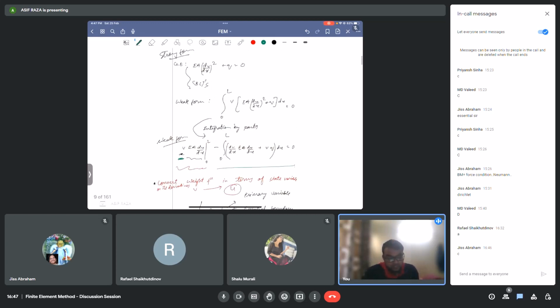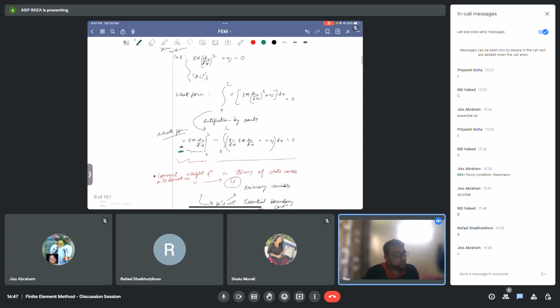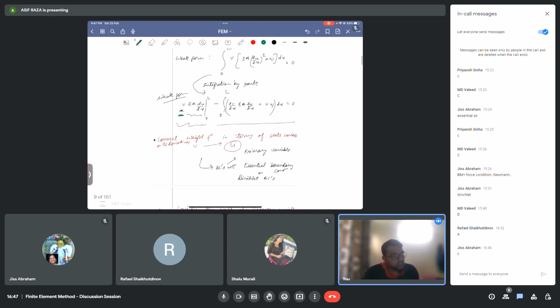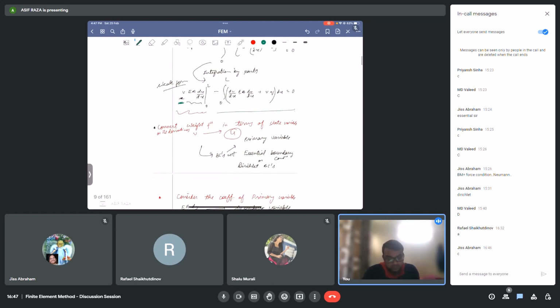So I took an example of the bar problem, and when I used integration by parts, I got this boundary condition. In this boundary condition, the weight function is in V. So when we convert it in terms of the state variable in consideration, that is U, we get U as our primary variable.